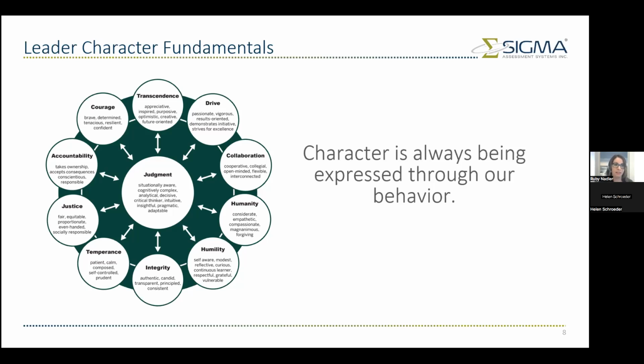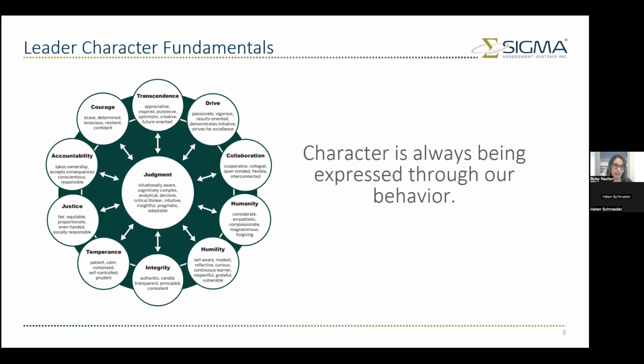So it looks like someone who is brave and determined, tenacious, resilient, and confident. And the idea is that you can express those elements through your behavior. And the more of those elements that you express, the more strongly courage will show up in your behavior. So they're meant to be descriptive and helpful.